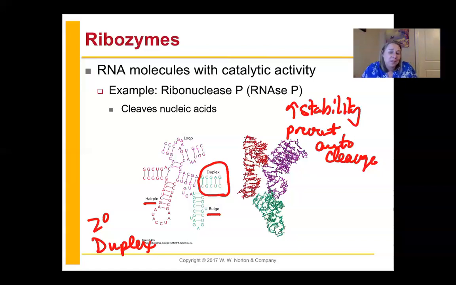A loop is like a hairpin, except you don't have a duplex that it ends in. So if you look here, here's our loop. We have duplex, duplex, then we have a loop. So it's like a big bulge. And then we have more duplex, duplex. So a loop is kind of a combination between a bulge and a duplex sort of deal.